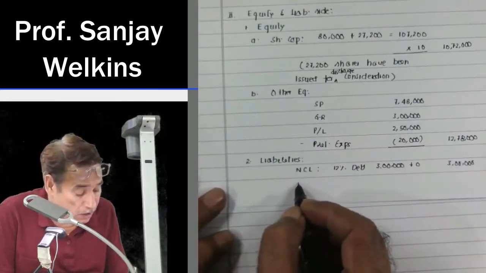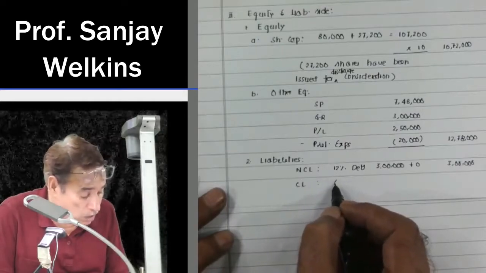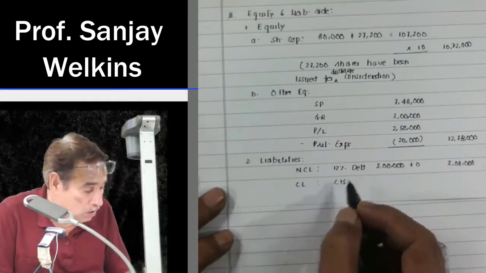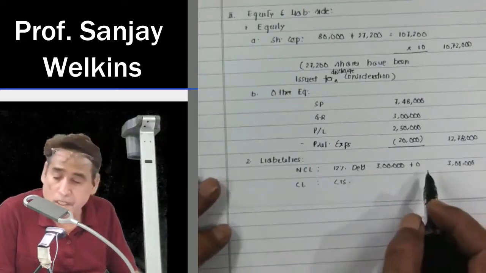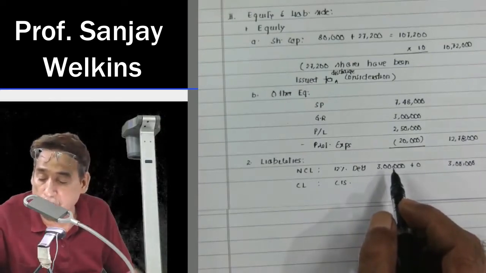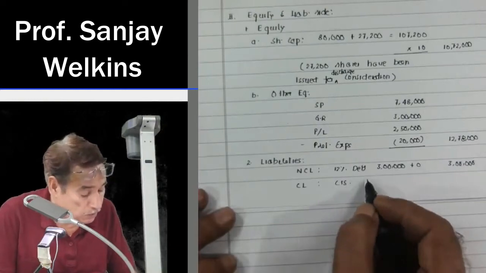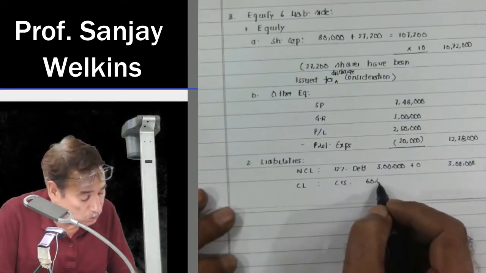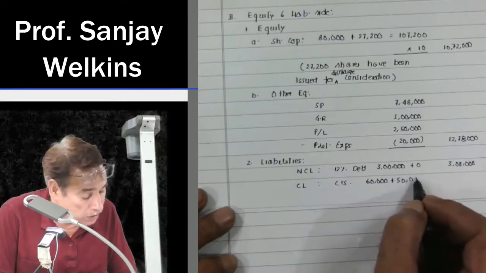Then similarly, current liability. Under the current liability, there are 2 liabilities, creditors and provision for tax. Amount of creditors: 60 and 50,000, that is 1,10,000.